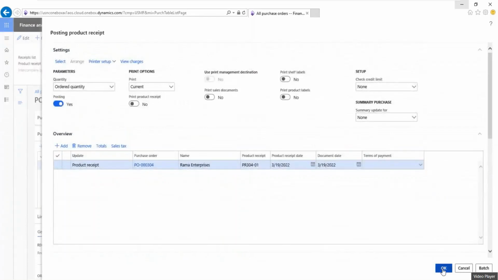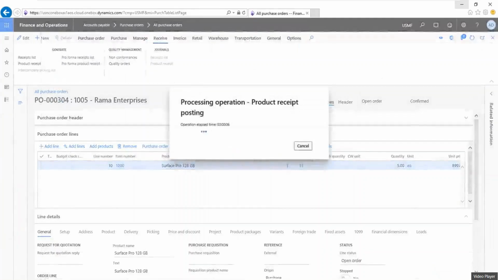Okay, I'm clicking on OK. Okay, fine. Now the product receipt is updated.